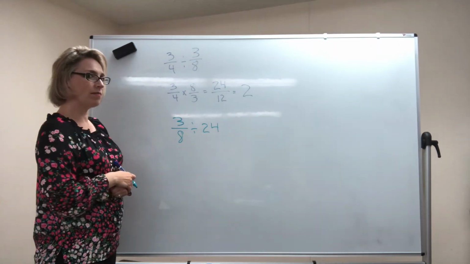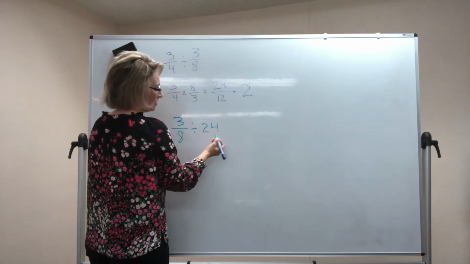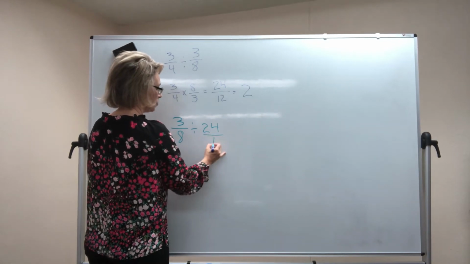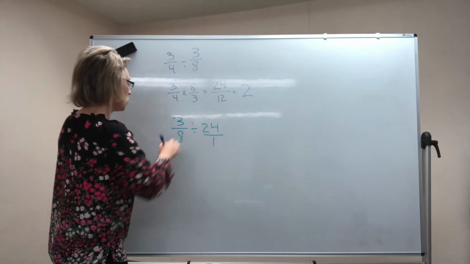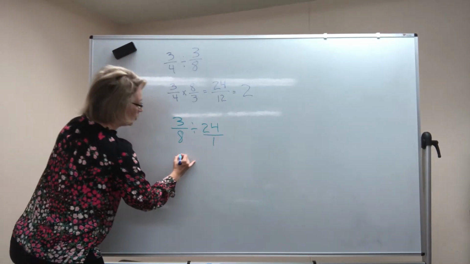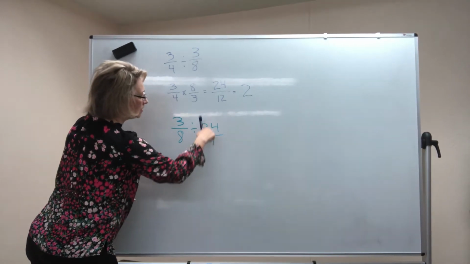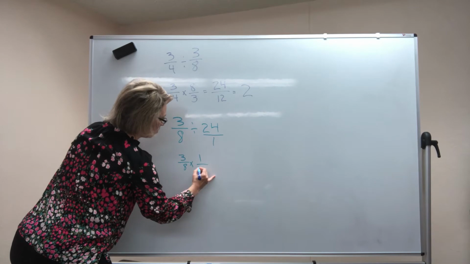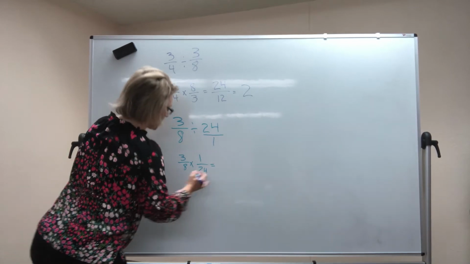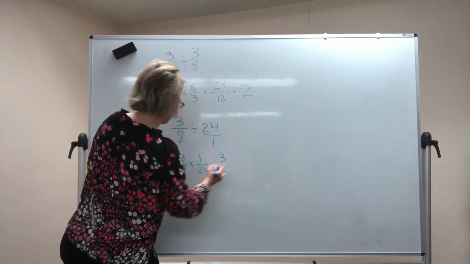The thing to remember is a whole number stays its same value when you put it over 1. So now it's a fraction. So 3/8 divided by 24 over 1. Okay? So we're going to write it again: 3/8, multiplied by the reciprocal of the second one, 1 over 24.